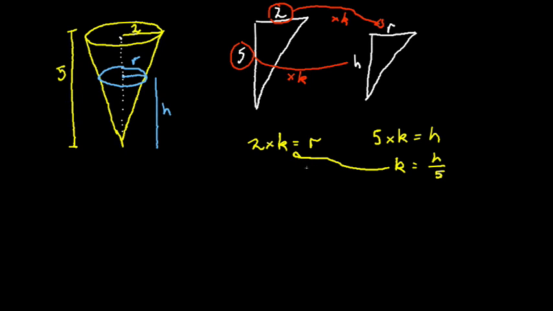So if I put that back into that one, I'll get 2 times k, which is now h over 5, is equal to r. So just tidying up, my radius is going to be 2h over 5.